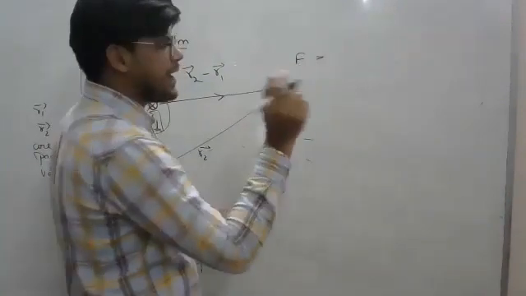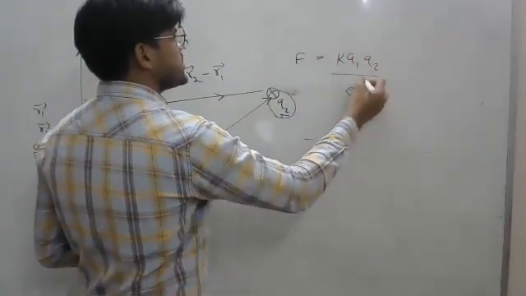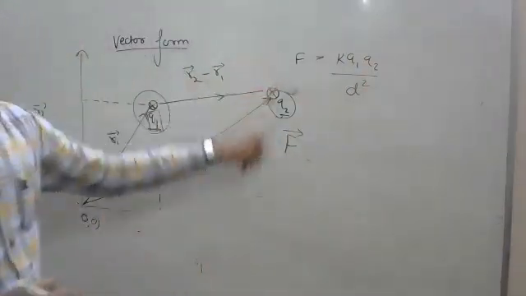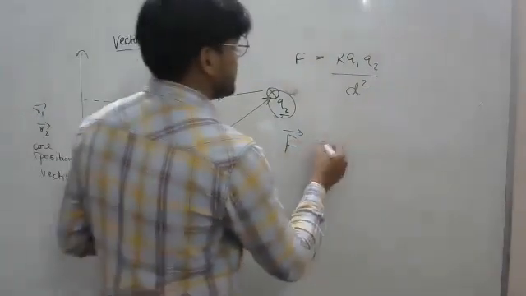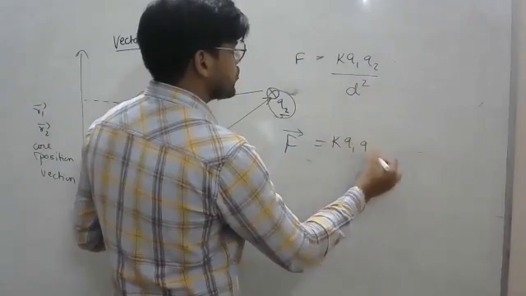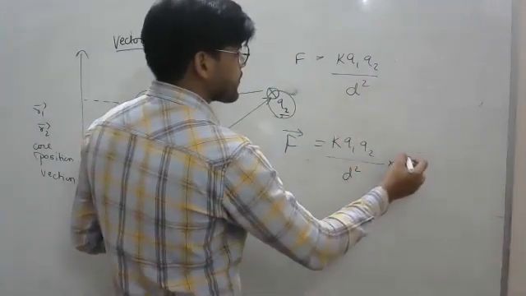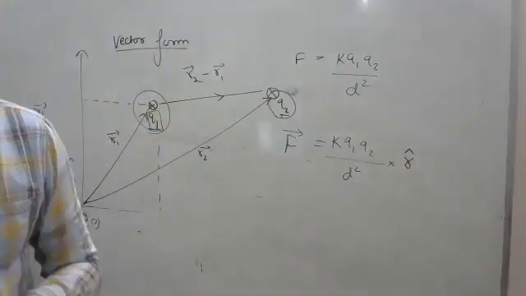When we write only the magnitude, it is K Q1 Q2 upon distance square. But when you have to write in vector form, you have to mention the direction. It is very, very important. So it will be K Q1 Q2 upon distance square and R cap. This is how we mention.